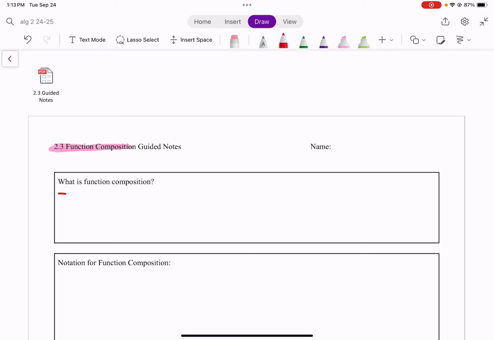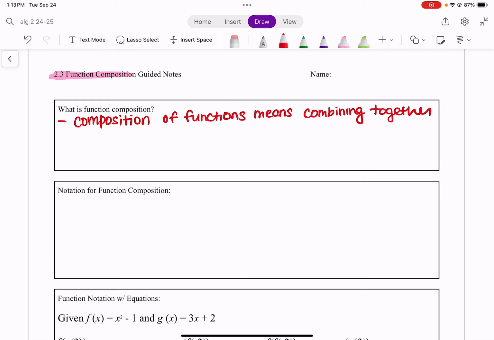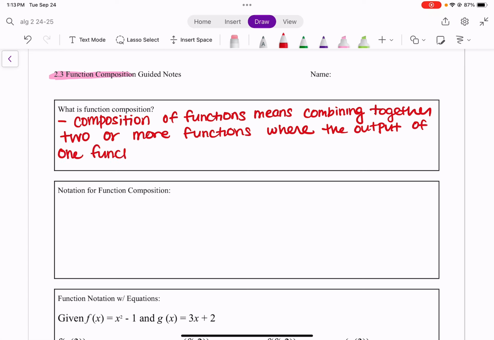So composition of functions means combining together two or more functions where the output of one function becomes the input of the next one.